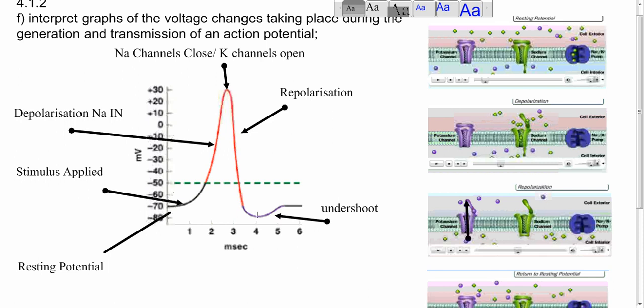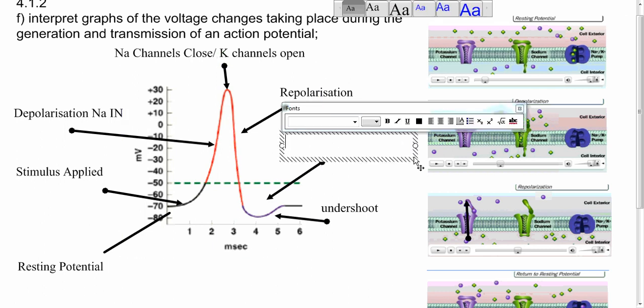But as you can see, once the potassiums have all rushed out and finished their movement, it takes a bit of time for the nerve to get back to its resting state. And this little undershoot over here, the whole time period, also has a name, and I'm just going to label that here, and that's called the refractory period.